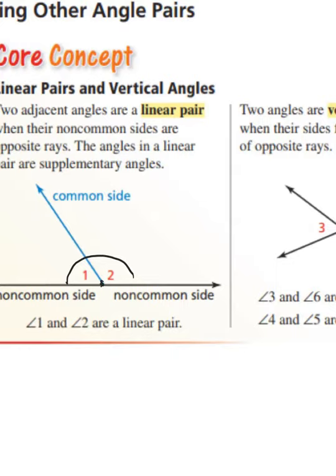They form an X. So if you have angles that form an X, you are going to have vertical angles. 4 and 5 are across from each other, so they're vertical angles. 3 and 6 are across from each other, so they are vertical angles. And later on in the year, we will learn that all vertical angles are the same measurement.